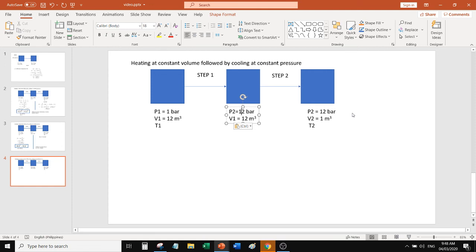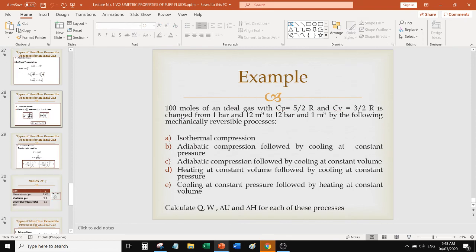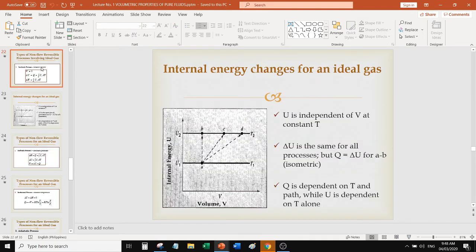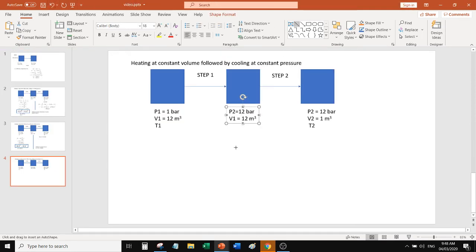So what is work during step 1? Let's go back to our slides. So step 1 is a constant volume process. Obviously, work is 0 in step 1, because volume is constant.